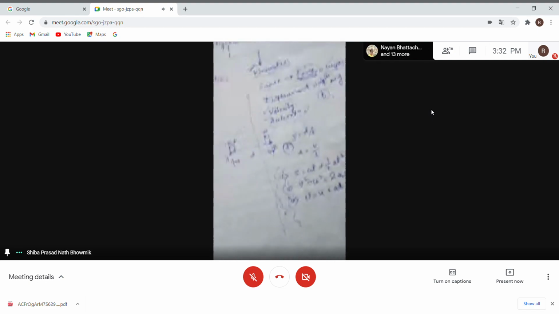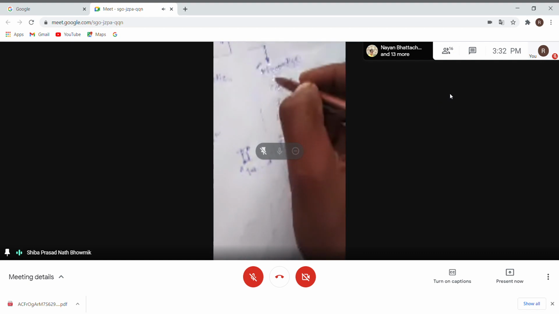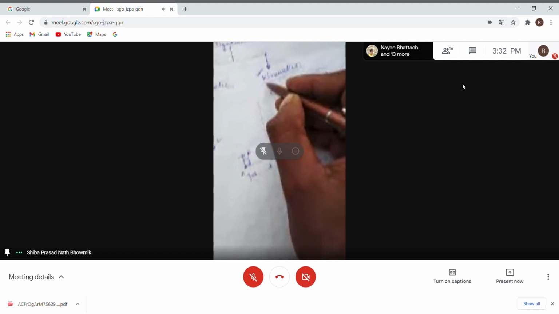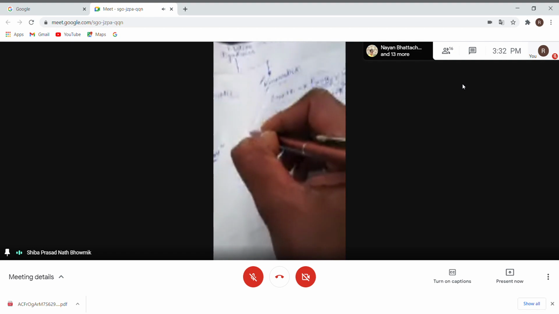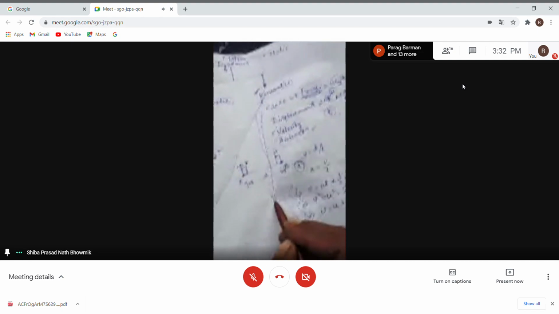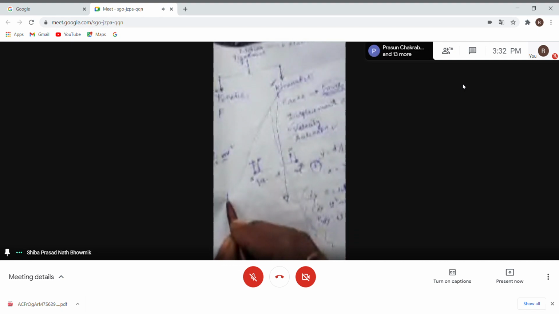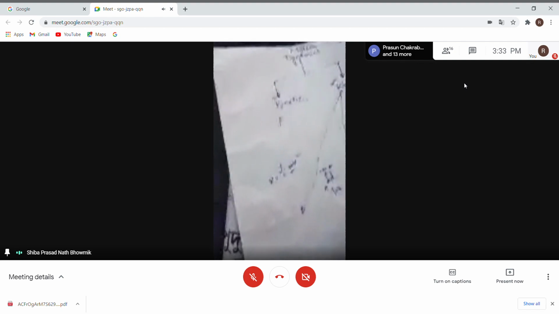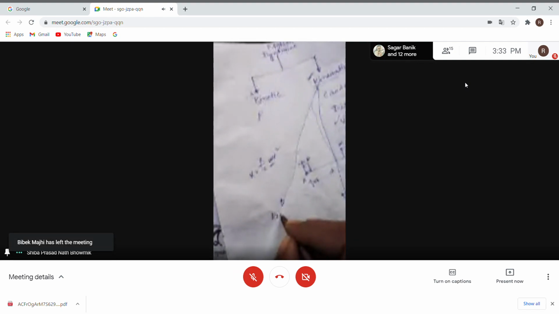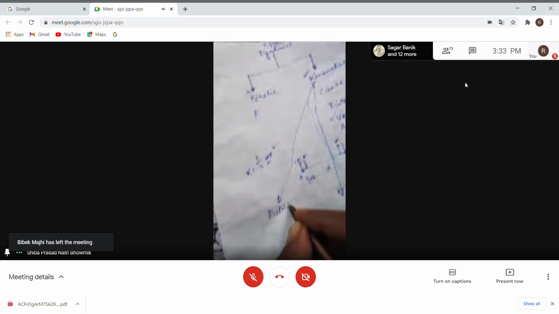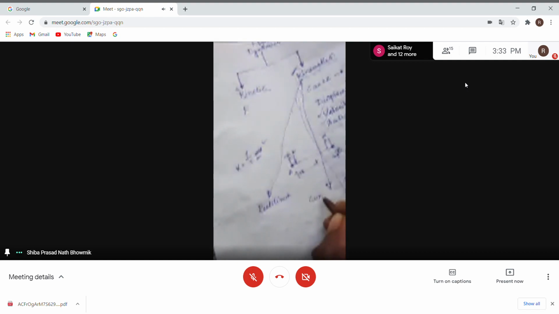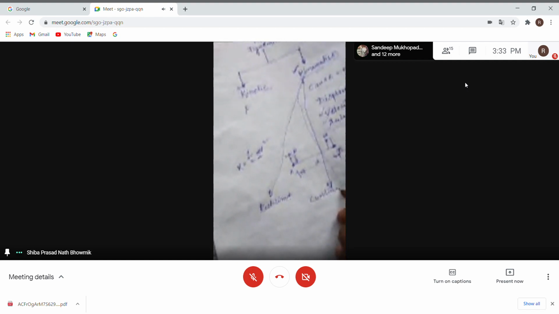Okay. Now, this kinematics again has two wings. One is rectilinear, another one is curvilinear.